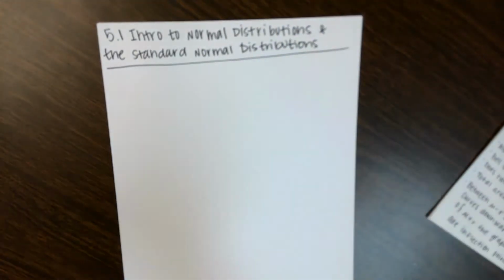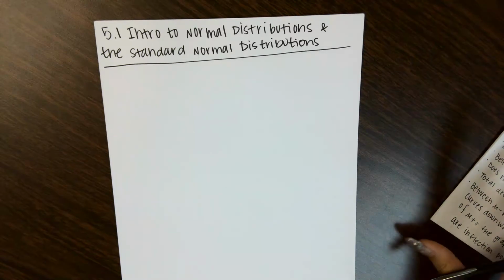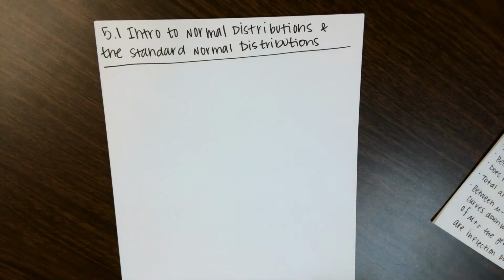And like always, we have a lot of stuff to write, but I don't think that this is particularly hard. Like the words in writing it might be more confusing than actually doing the problems. I think once you actually start doing the problems, you see that it's not difficult.